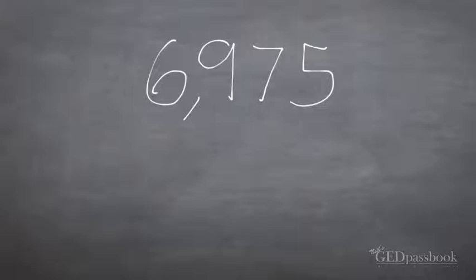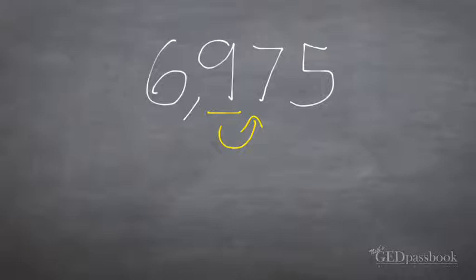What's the hundreds place? Ones, tens, hundreds. The 9 is the hundreds. Look to the right. 7. What rule does that fall under? It falls under the second rule, which tells you your place value must go up 1. You have to add 1.